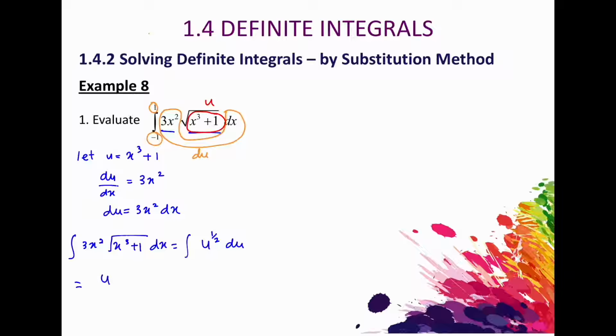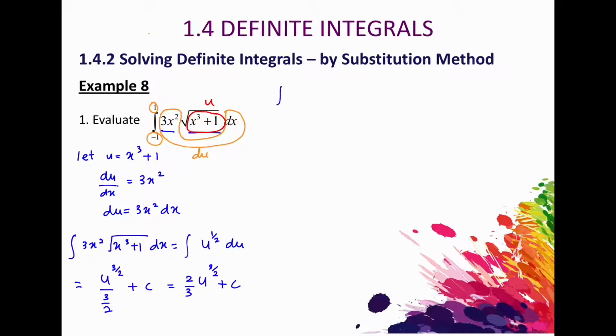We get u to the power of 3 over 2 over 3 over 2 plus c, and then rearrange that. We get 2 over 3 u to the power of 3 over 2 plus c, and now we want to revert back to x.